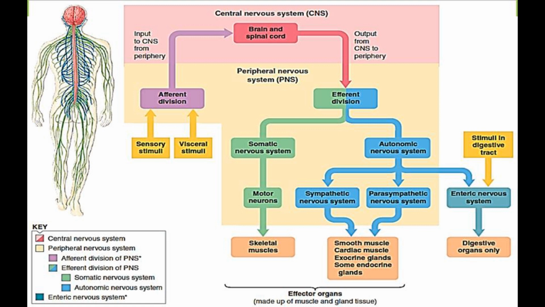The other two, the sympathetic and the parasympathetic nervous system, innervate the smooth muscle, cardiac muscle, exocrine glands, and some endocrine glands. So this is the overall outline of the central nervous system and the peripheral nervous system.